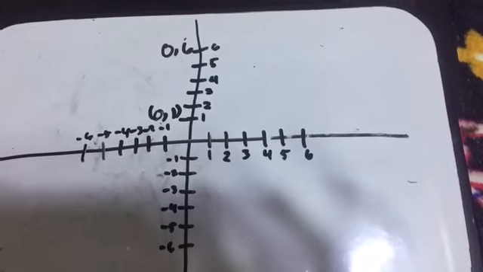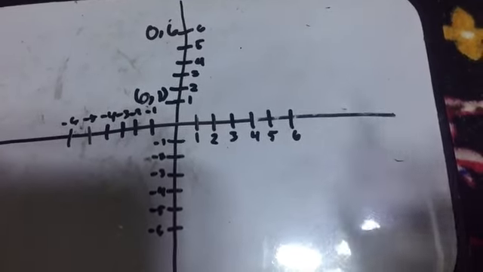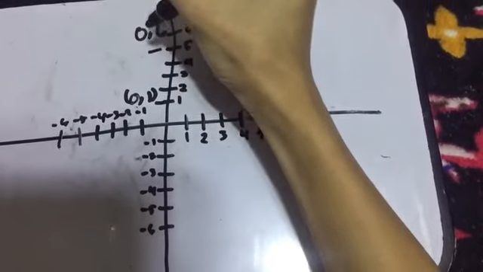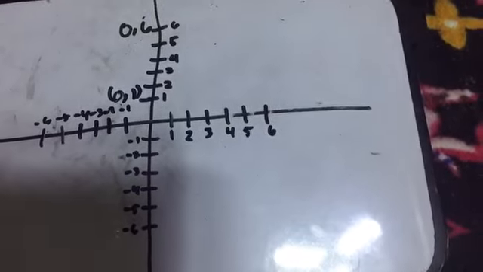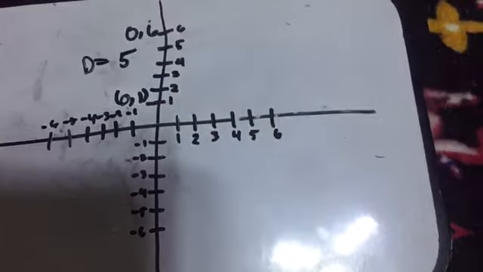And the distance that we got earlier is 5. So here, we're done with finding the distance.